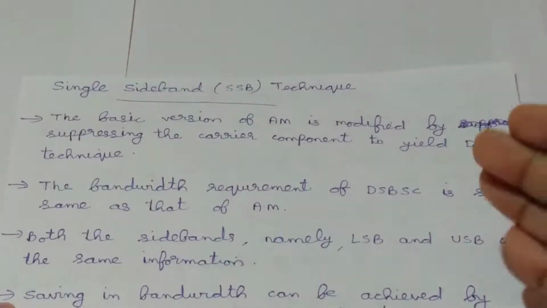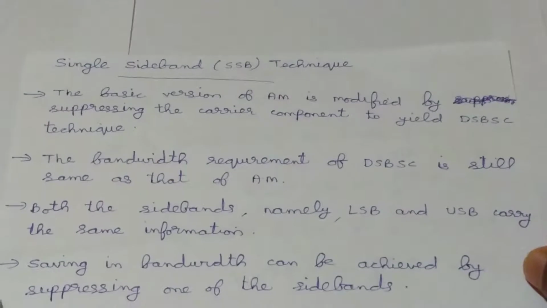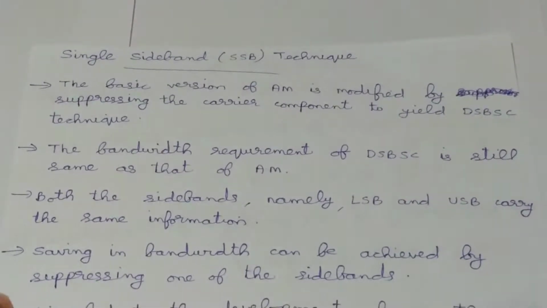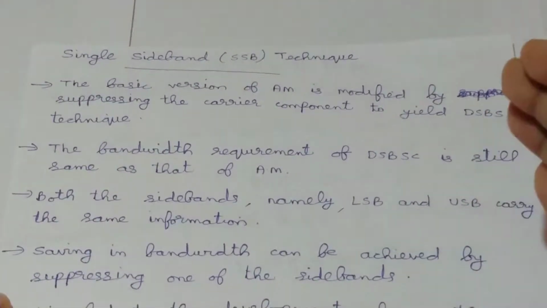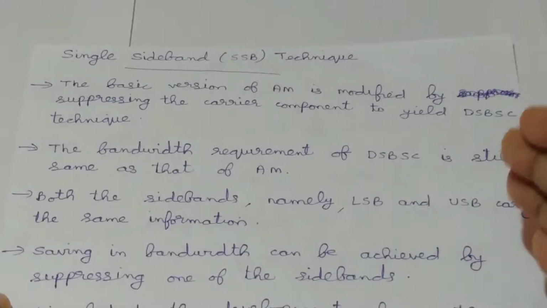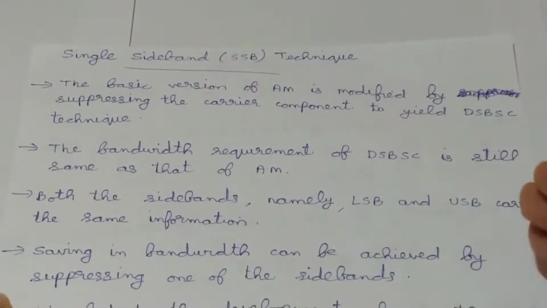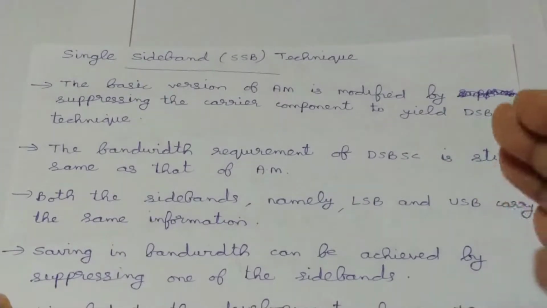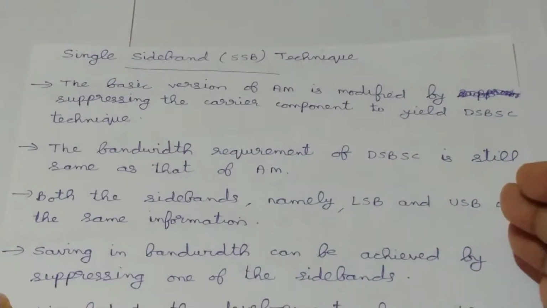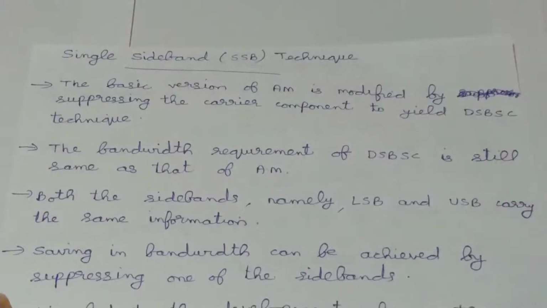Hence saving in bandwidth can be achieved by suppressing one of the sidebands. In the double sideband suppressed carrier technique, we have already suppressed the carrier component, and since the sidebands carry the same information, we can suppress one of the sidebands also.